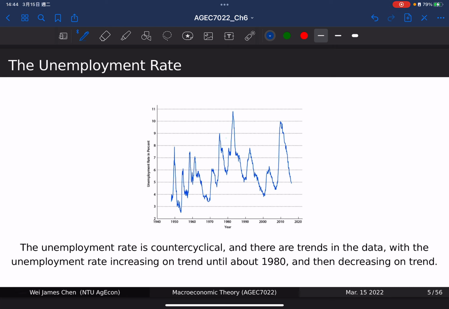Here you can see that the unemployment rate is increasing until maybe the 80s, and then decreasing after that. There is bouncing around the trend, but the general trend is to go up and down. That's the general fact.